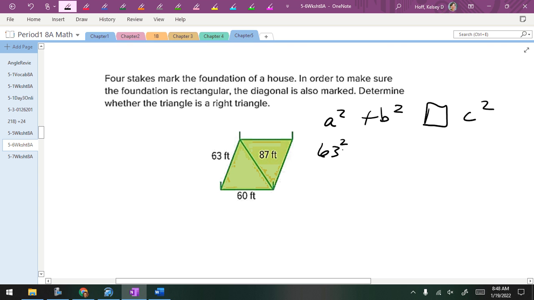When you squared it, what did you get? 3,969. Petro, what'd you put for B? 60. And when you squared that, what'd you get? Very good. Sam, what'd you put for C?